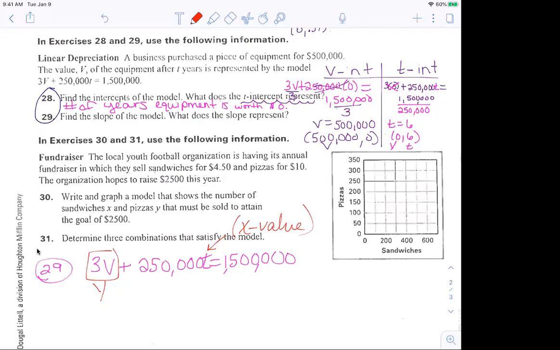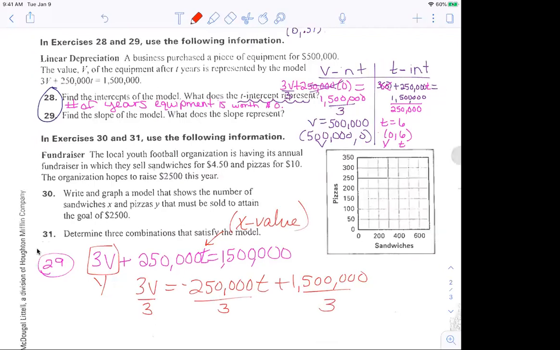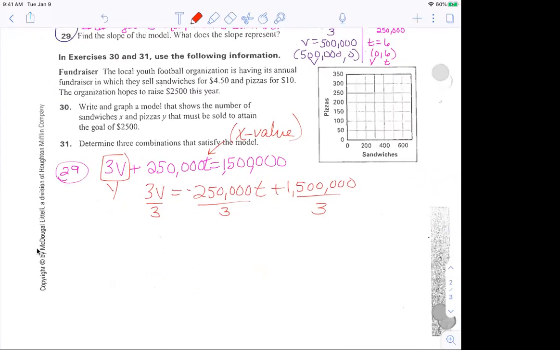So we are going to get the v by itself by subtracting the 2,500, and then we'll divide by 3. So the value would be, I can just keep this as an exact number.